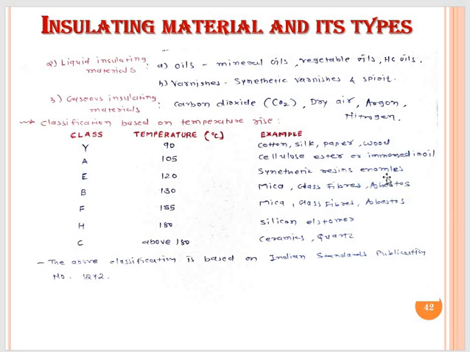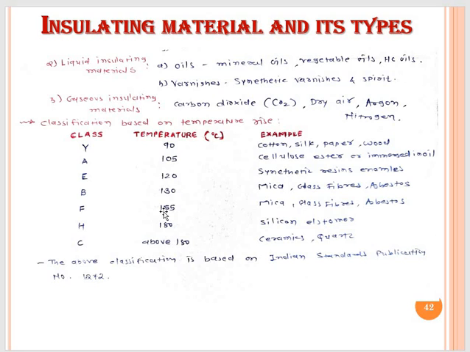Synthetic resins and enamels are in class E insulating material. Now class B insulating material has a temperature limit of 130 degrees, and mica, glass fibers, asbestos are in the category of class B.